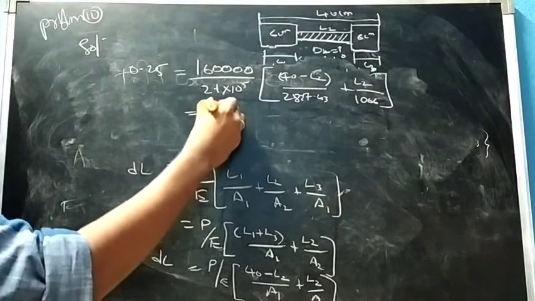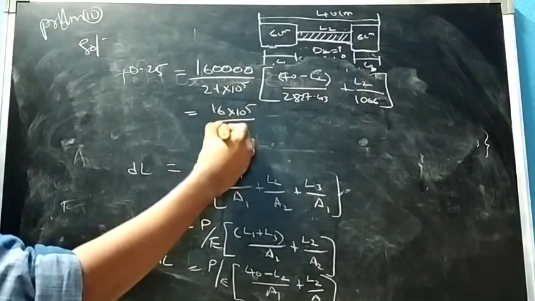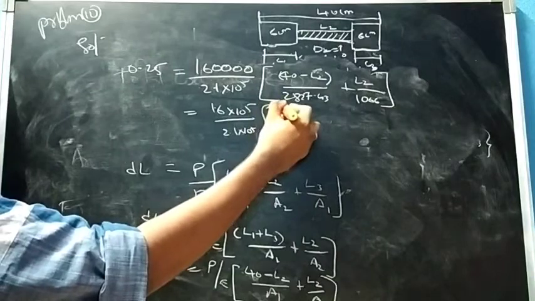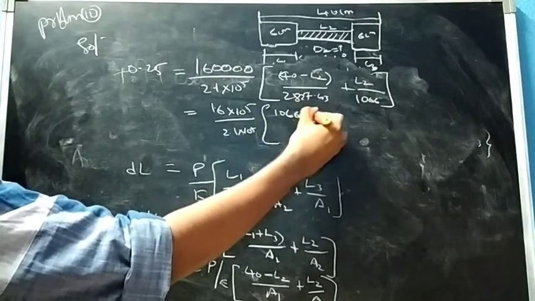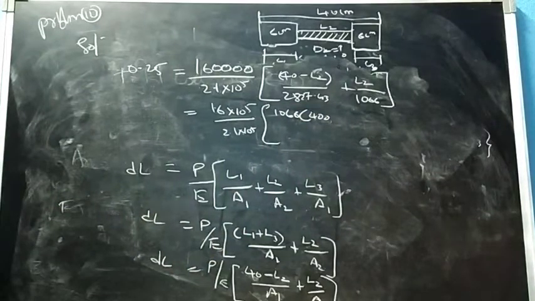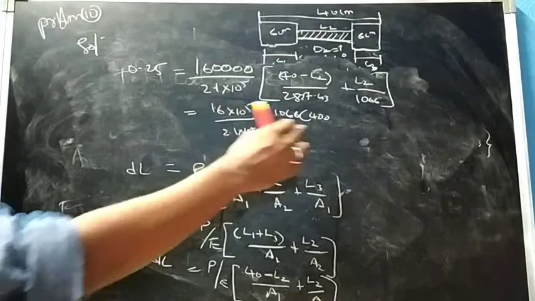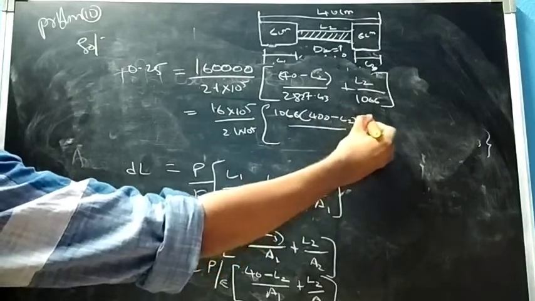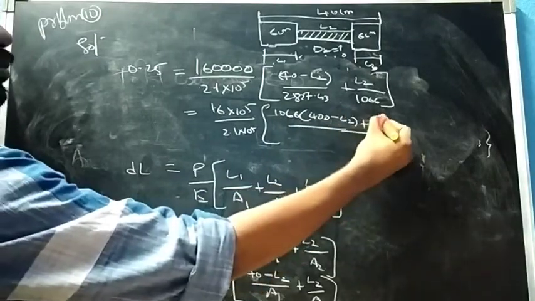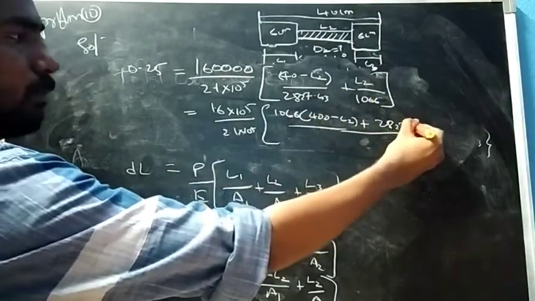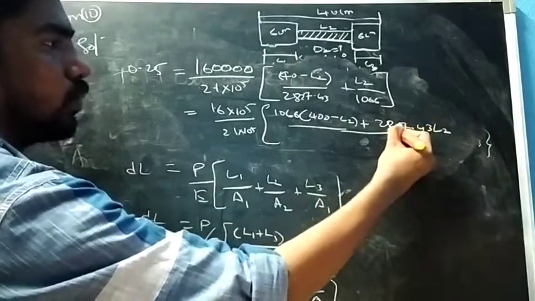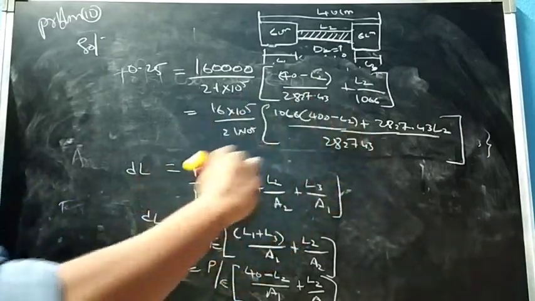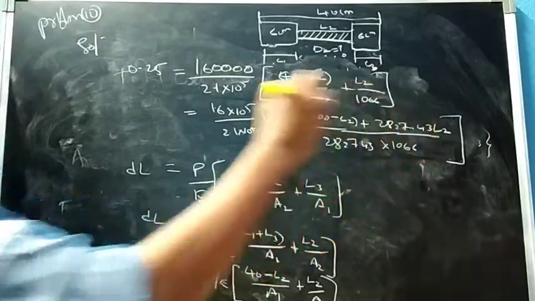So do some math here. 1.6 into 10 to the power of 5, 2.1 into 10 to the power of 5, cross multiplication, that is 0.1066 into 40 mm minus L2 plus 2827.43 L2 upon 282,743 into 1066, right?